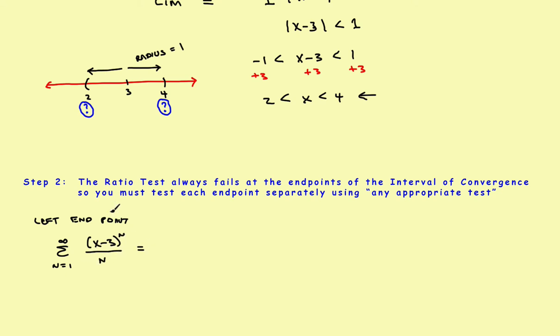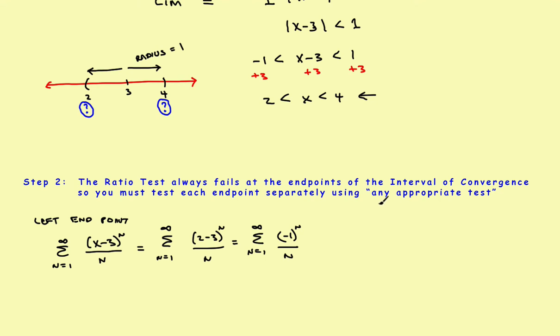So when you're testing the left endpoint, plug in a 2 for x. That's going to be the summation from n equals 1 to infinity of 2 minus 3 to the n divided by n. So that gives you the summation from n equals 1 to infinity of minus 1 to the n divided by n.